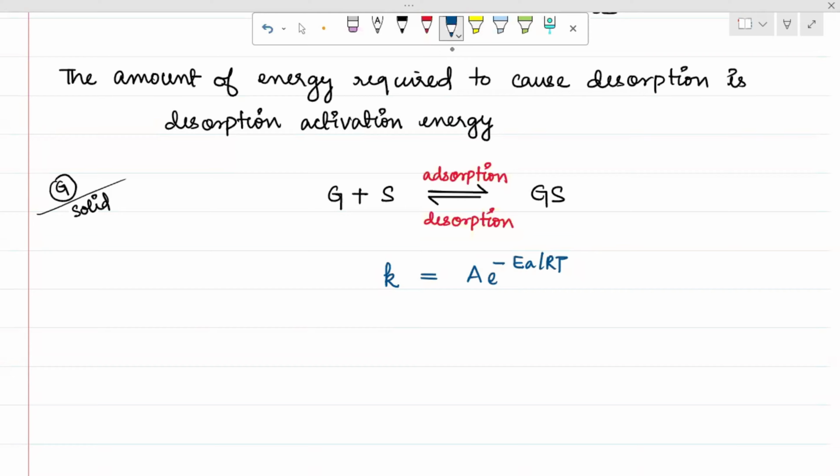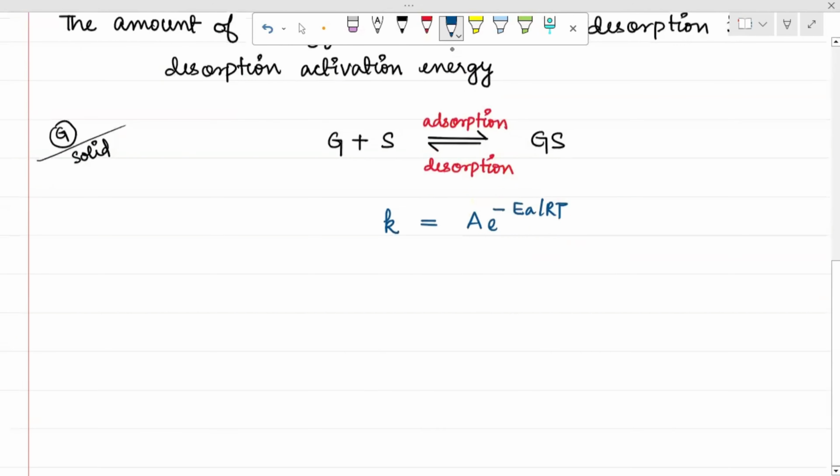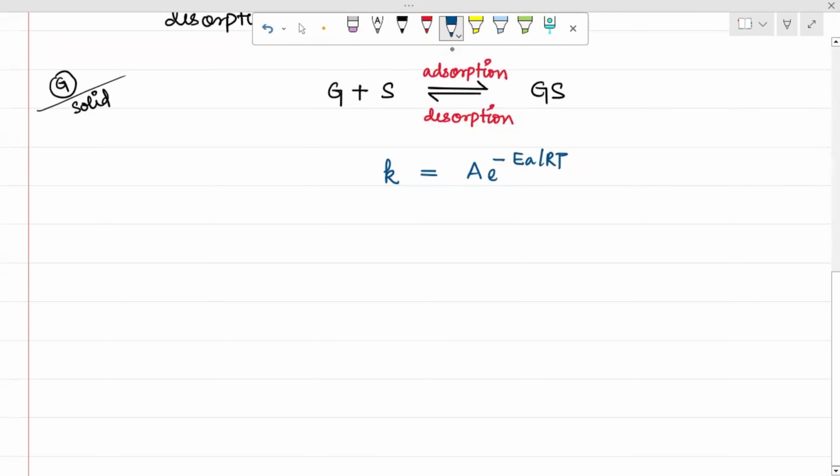Now I'm going to take the reciprocal of this Arrhenius equation. If I take the reciprocal, I get 1 by the rate constant equal to 1 by the pre-exponential factor times e to the power minus EA by RT.